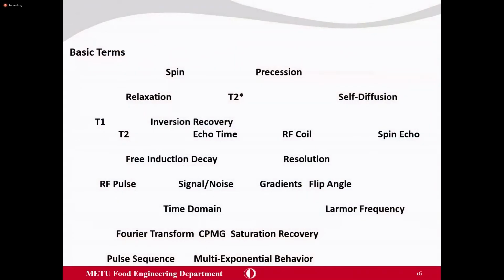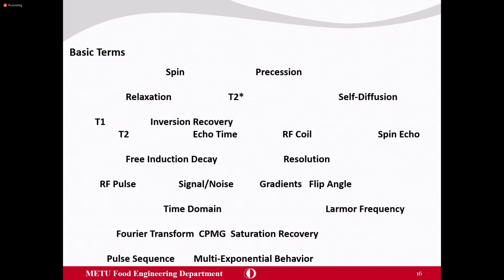So here are some basic terms that we are going to discuss when we talk about NMR: spin, precession, relaxation, T1, T2, free induction decay, T2 star, RF pulse, signal to noise, time domain, Larmor frequency, Fourier transform, which I slightly mentioned, multi-exponential behavior, spin echo, self-diffusion, flip angle, gradients, and so on.